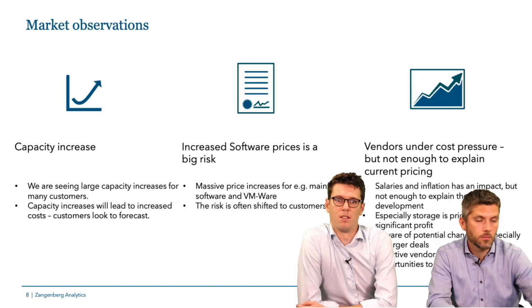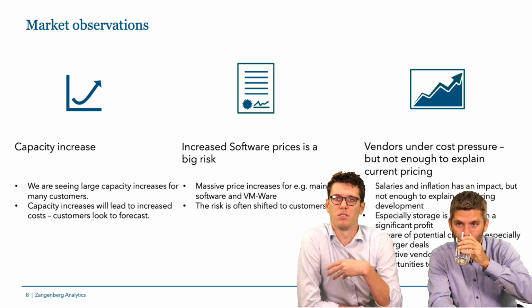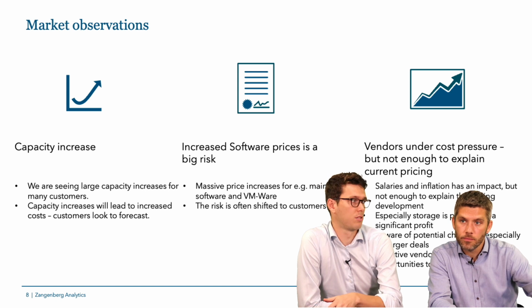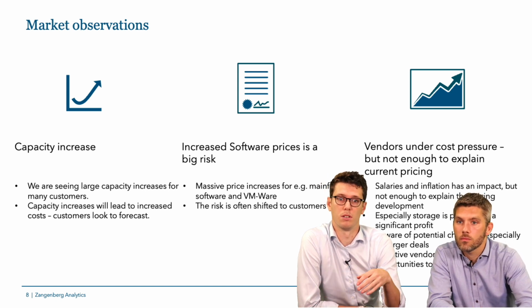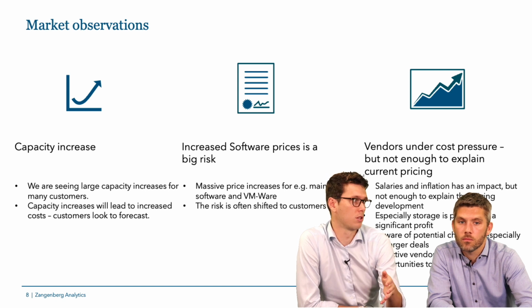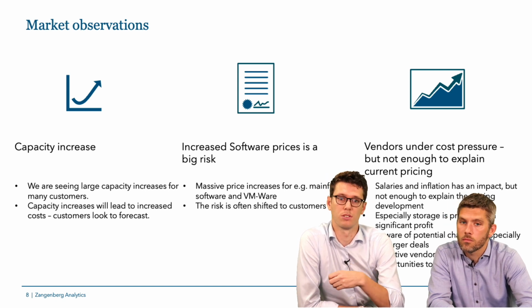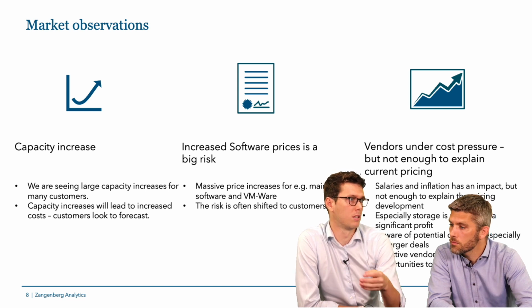And now the final slide on the market observations. What we see is that a lot of clients are seeing large capacity increases, and this is something which is very important also for your coming agreement: how large is the capacity increase, and who will reap the rewards when the capacity increases?